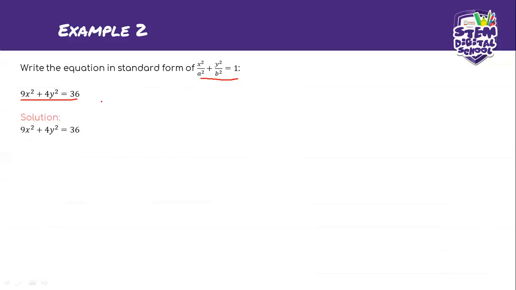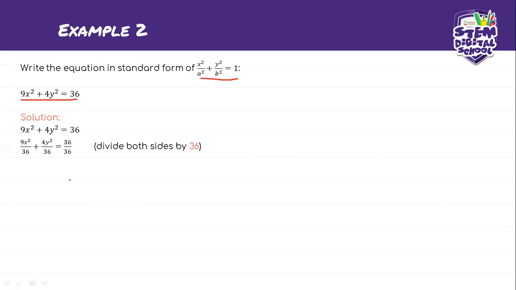The next step, we are going to divide both sides by 36. Why 36? Because on the right-hand side, remember, we have to obtain 1. The only way to get 1 on the right-hand side is to divide this 36 by 36. So 36 divided by 36.